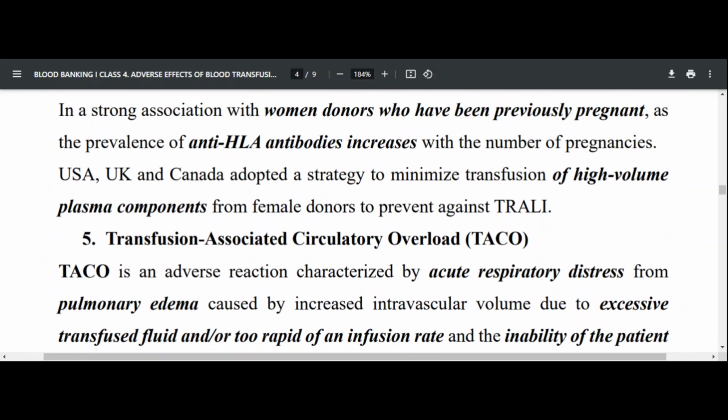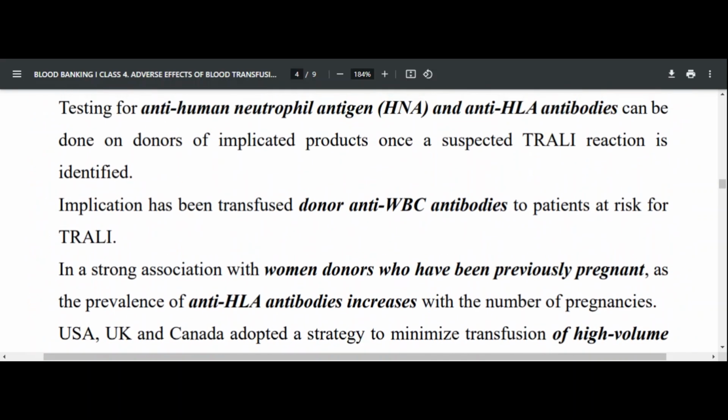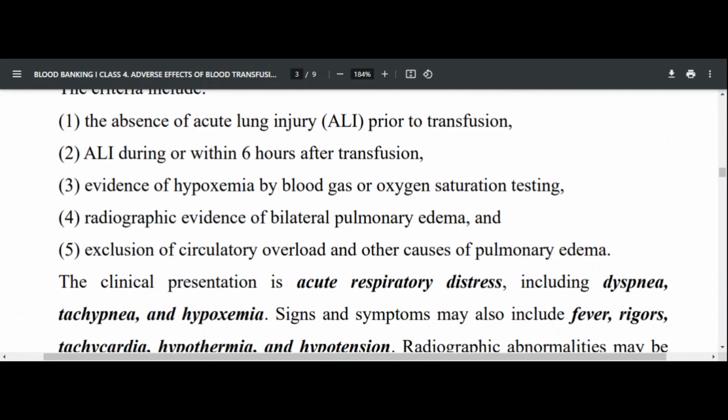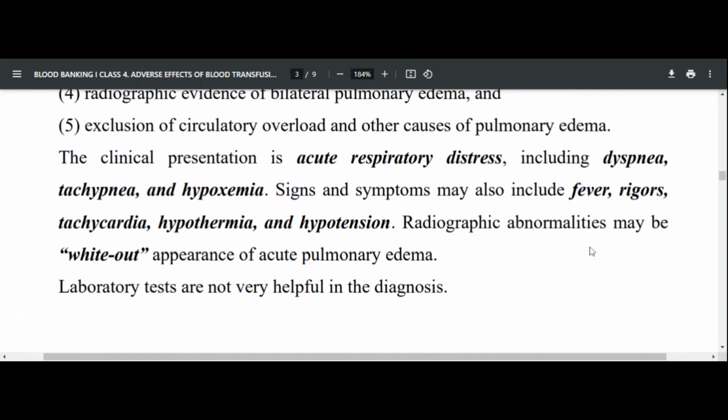In TRALI you see many other symptoms: fever, rigors, tachycardia, hypothermia, and hypotension. Of course, tachycardia may also happen in TACO because of the cardiac problem of dealing with so much volume. But TRALI is not about volume.